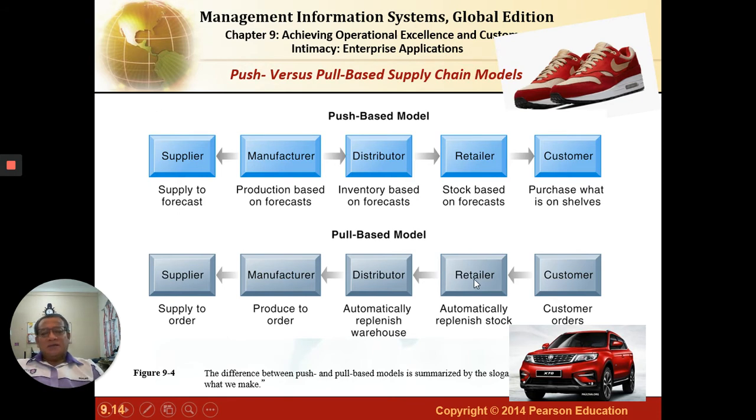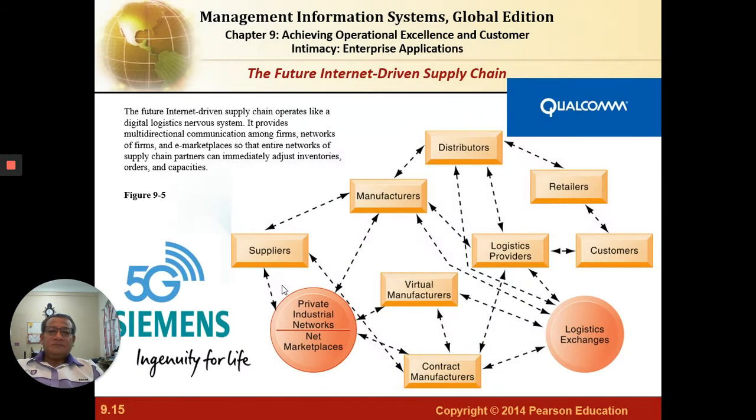Honda and Proton will relay the information from the customer's purchase to the distributor, and ultimately to the car factory, and the factory will try to get the raw material from the supplier. So that is the pull-based model, in which the customer is pulling the product from the manufacturer. These are the two major models as far as supply chain management is concerned.